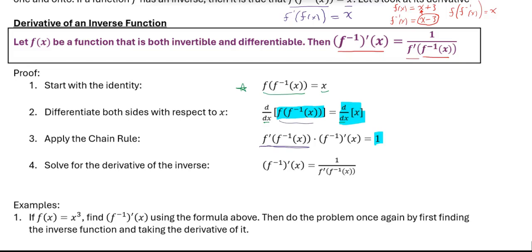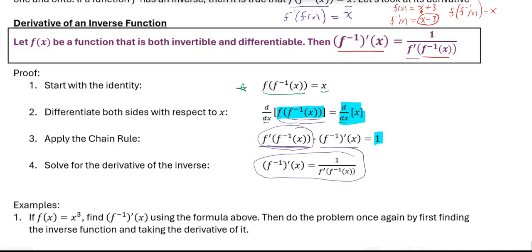So this is basically the same as that, but I just took the derivative of f, times the derivative of the inside piece. The inside piece is the inverse. Okay, so then if I just divide both sides by this factor, I get to this final stage here, which is actually my derivative inverse formula from above.